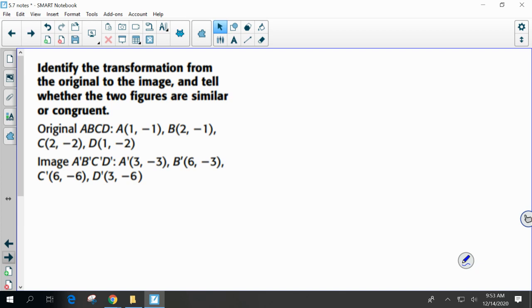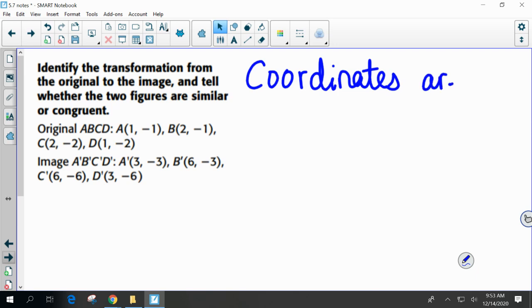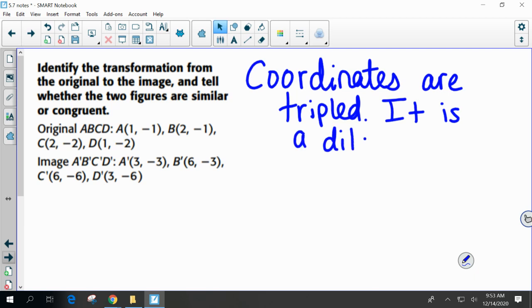So this would be a dilation. So it is a dilation, and because it's a dilation, it wouldn't be congruent, it would be similar.